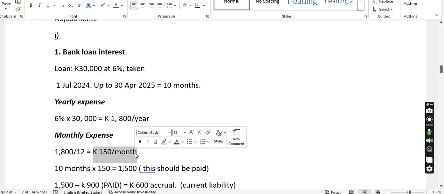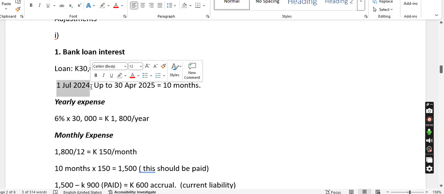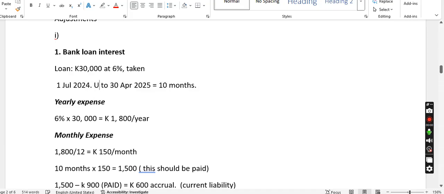Okay, so that's how much interest we have to pay per month. So once we found out how much interest we need to pay for the month, we're going to ask ourselves, from 1st July 2024 to 30th April 2025, how many months is that?